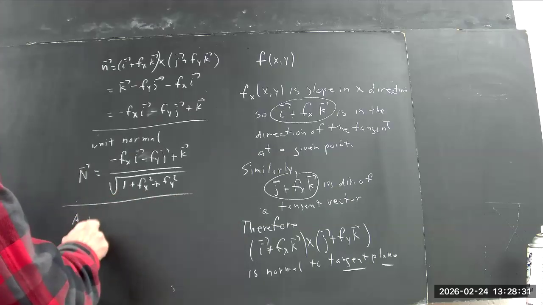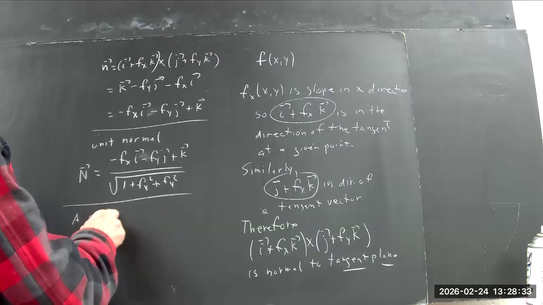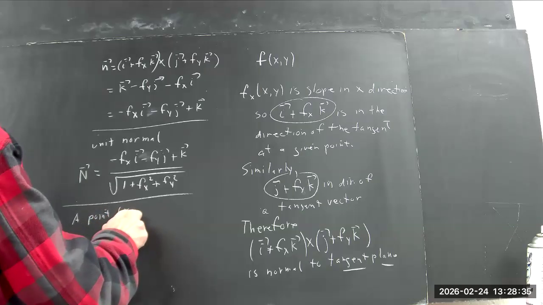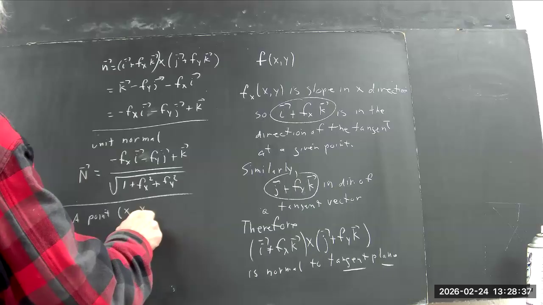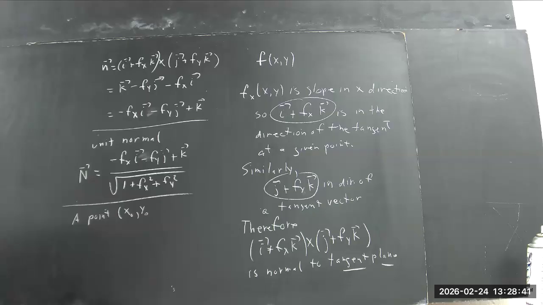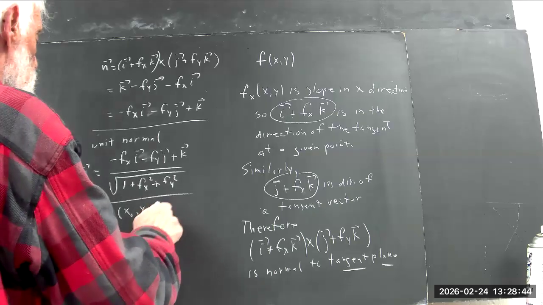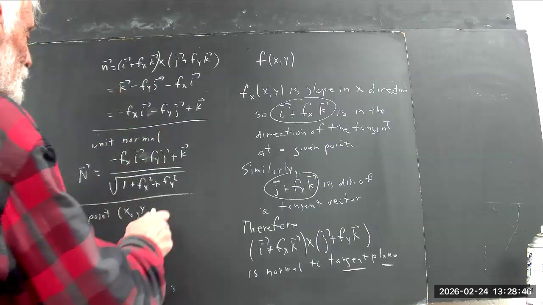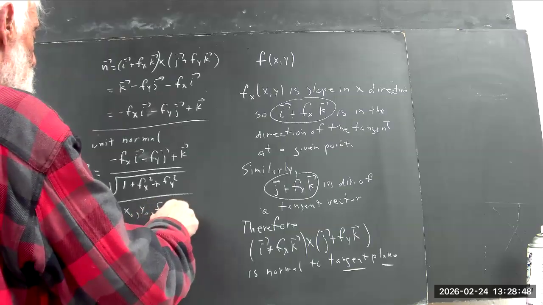So at the point, now I'm going to get specific, at the point x naught, y naught, and what's the z coordinate? It's f of x naught, y naught.